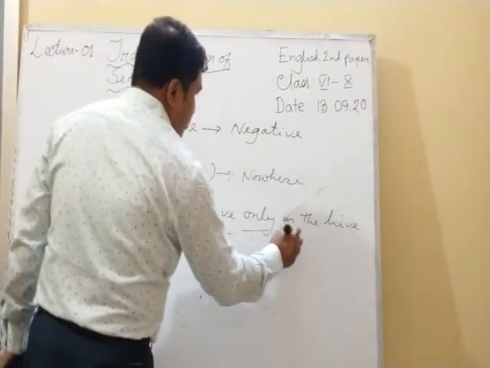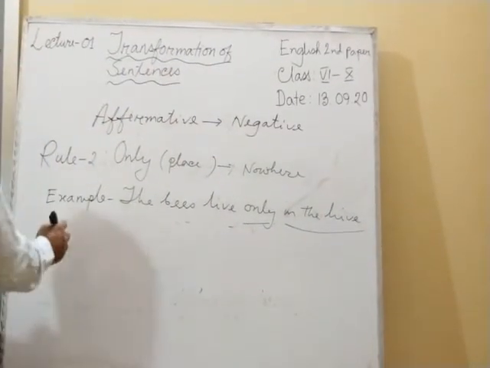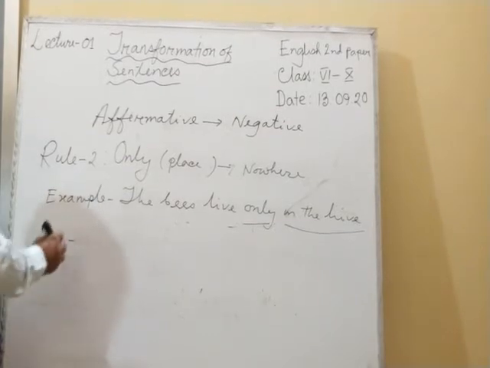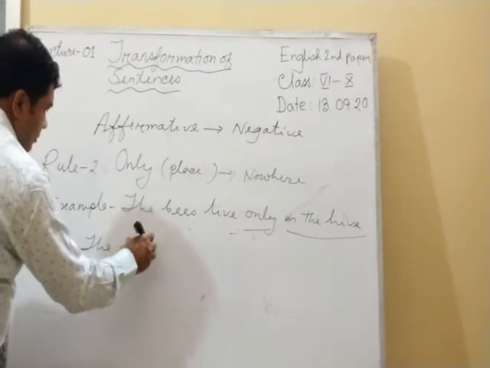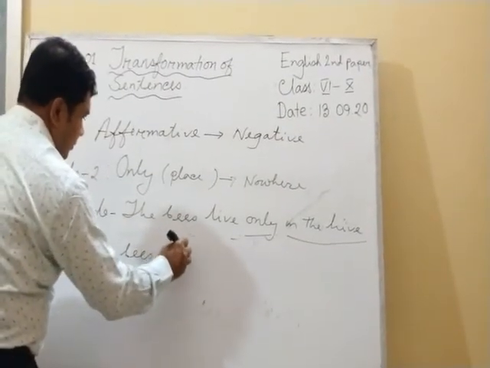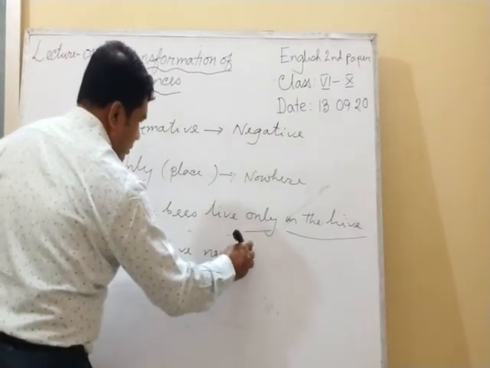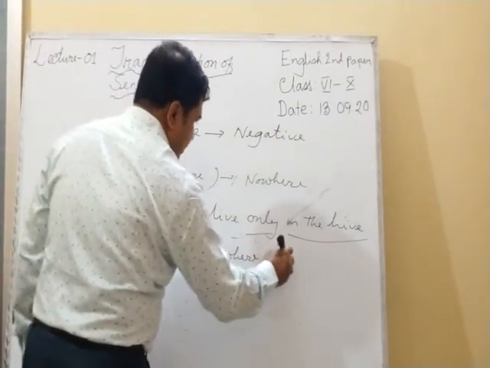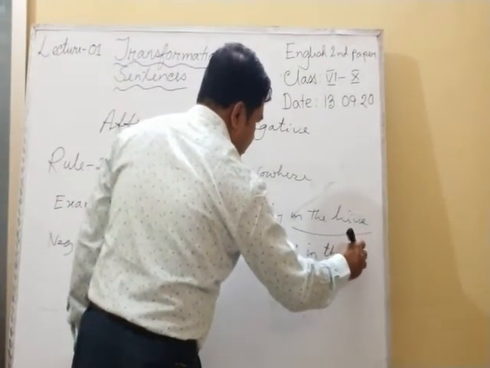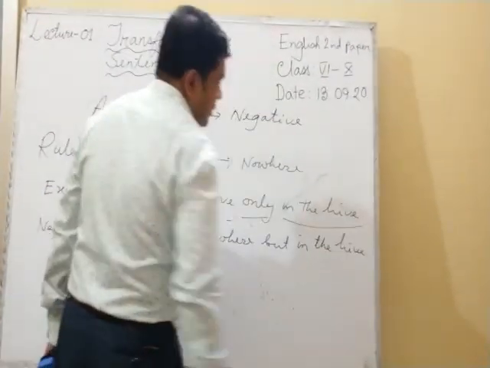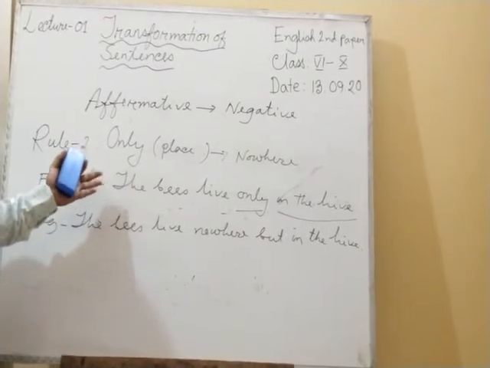Only is placed before place, hive. So we will use nowhere. The bees live nowhere but in the hive. Dear students, I hope you can understand all this very easily.